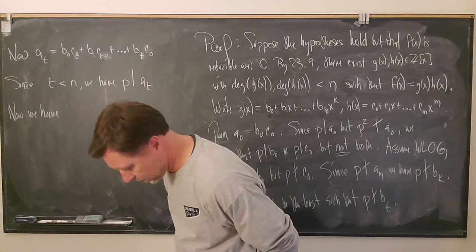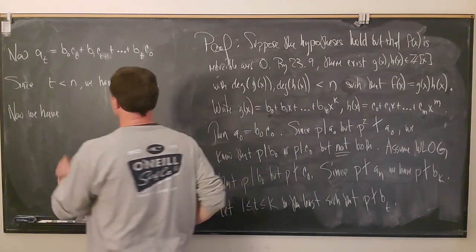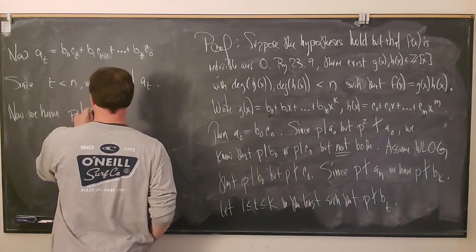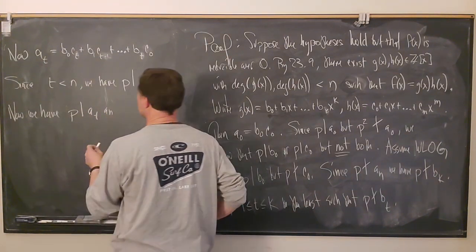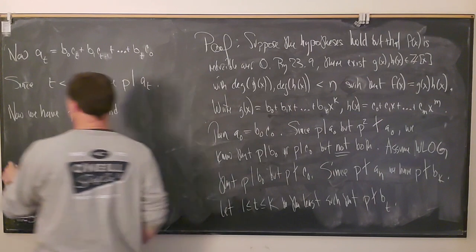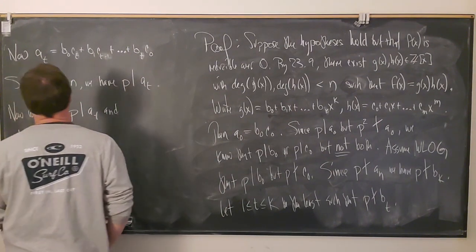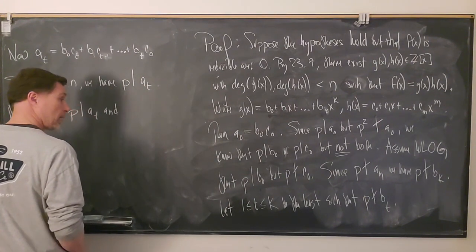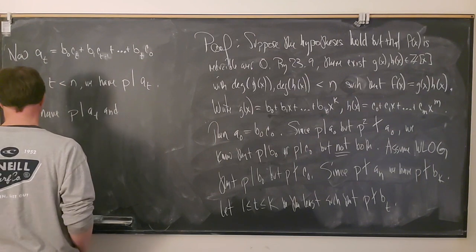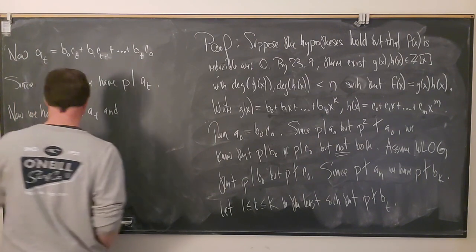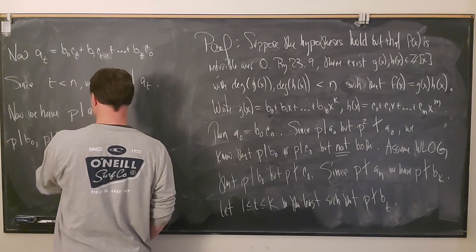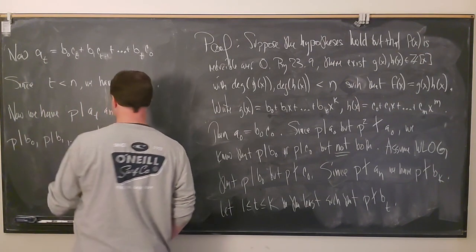So now we have p divides a sub t, and p divides b0, p divides b1, all the way up to p divides b sub t minus 1.